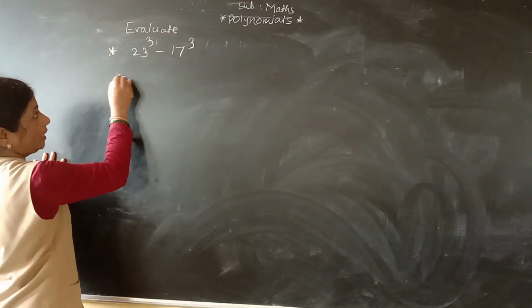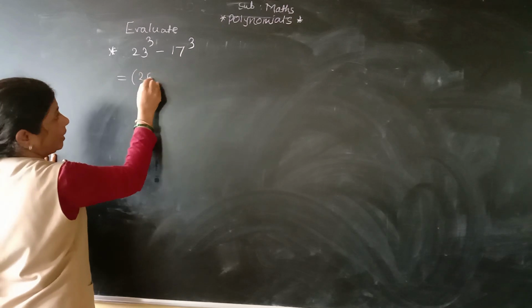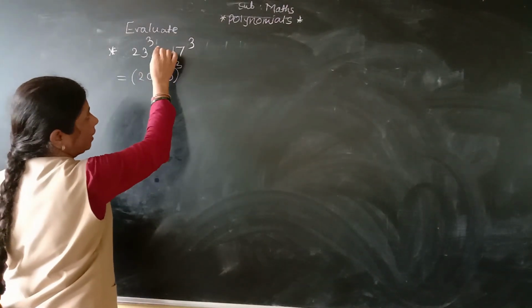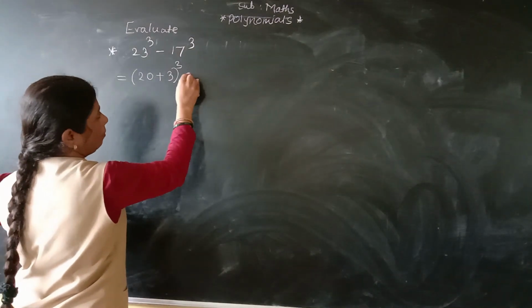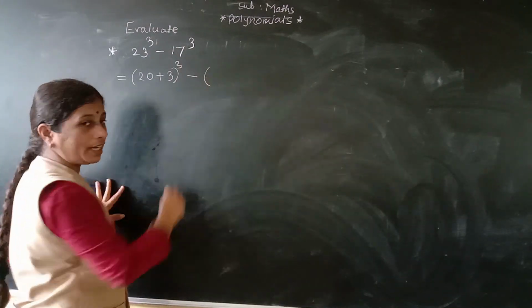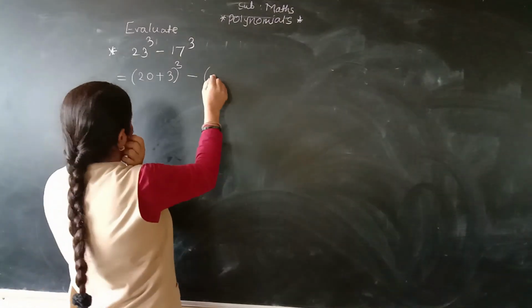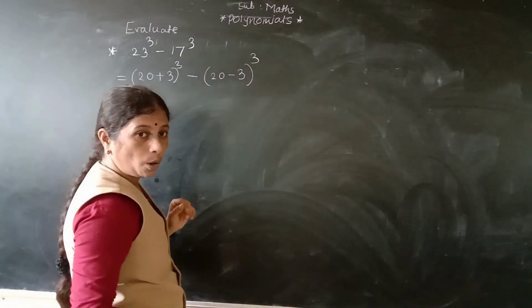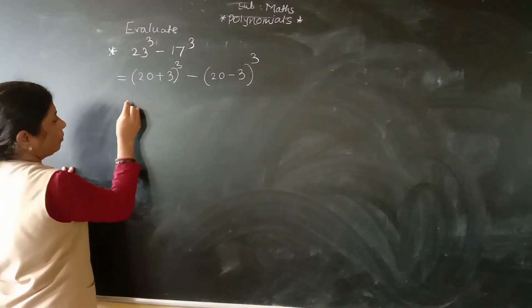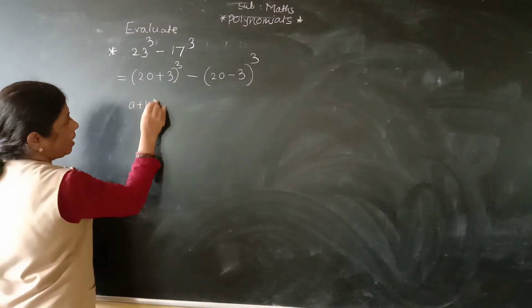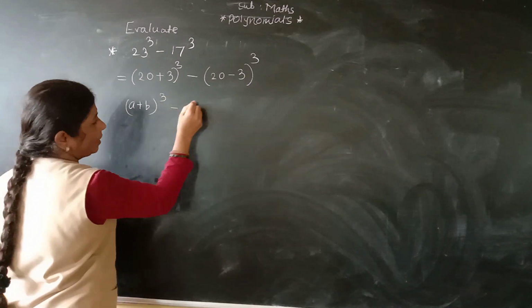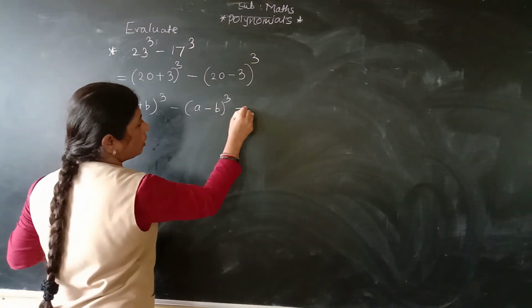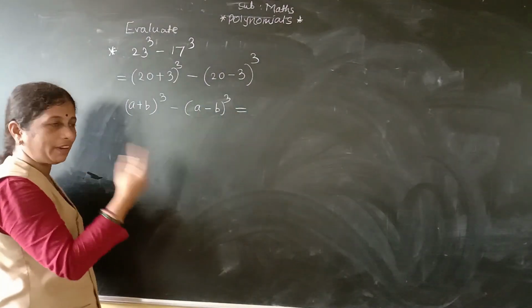So this 23 we will write, how? 20 plus 3 bracket cube, right? Then what is the sign here? Minus, and 17 how will you write? 20 minus 3. Okay, so 20 minus 3 bracket cube. So which form came here? See, we have learned before this a plus b bracket cube minus a minus b bracket cube. So we have solved this. What expansion came in the final?